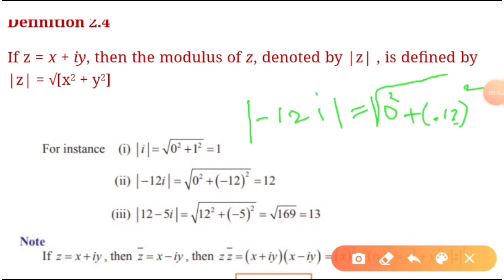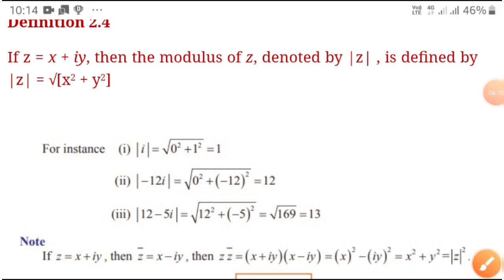So 0 squared is 0, minus 12 in the whole square is 12 squared, the square root and square cancel, so finally we get 12. So the answer is 12.